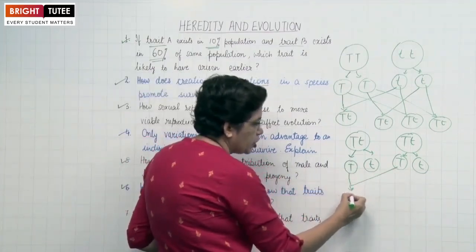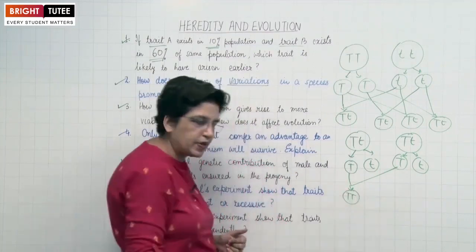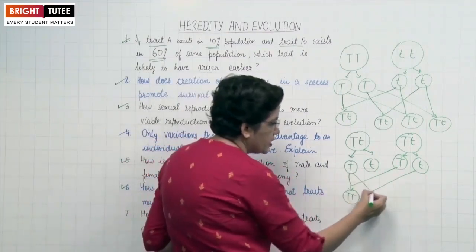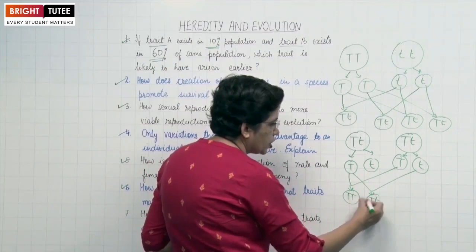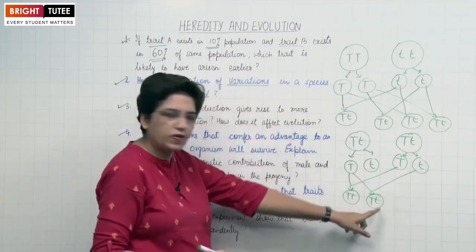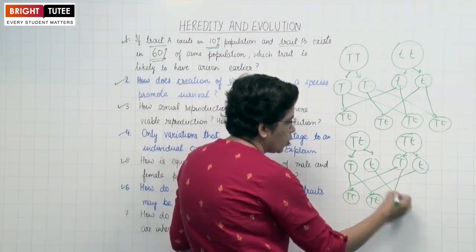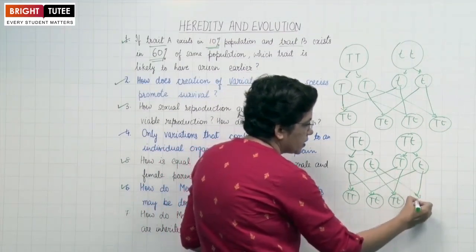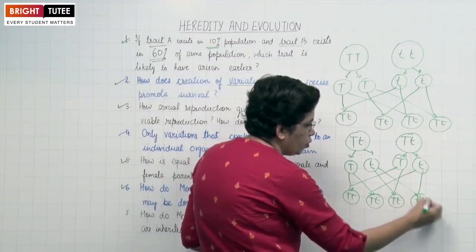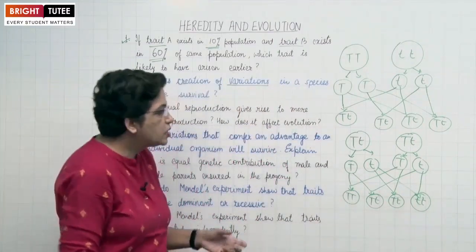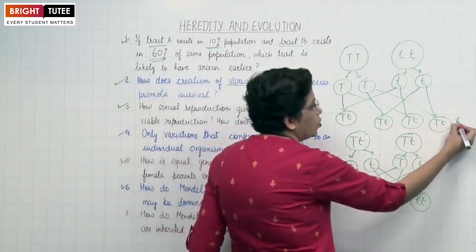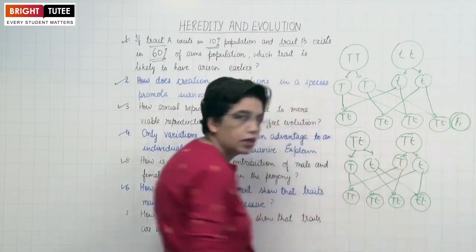First is both capital T. Second is capital with small. Third is again capital with small. And fourth is both small. In the F1 generation, I told you all the plants were tall.